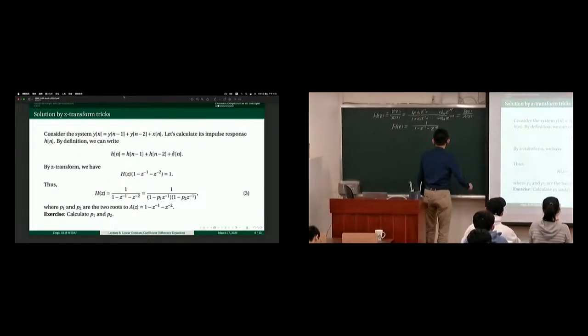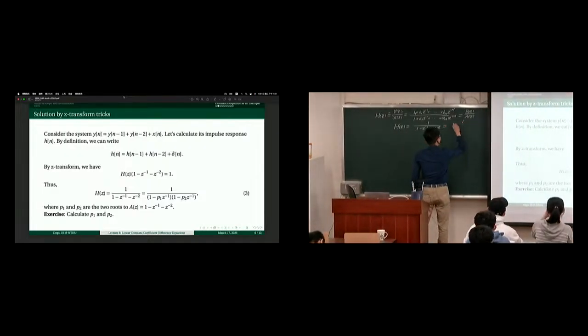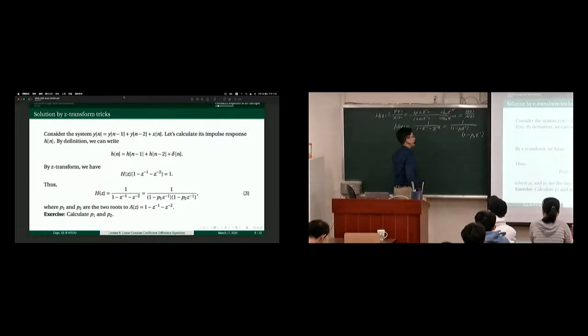Let's define our notation. I'm just going to copy everything on the board to right here: 1 minus P1 z inverse, times 1 minus P2 z inverse. Okay. In principle, it's doable.